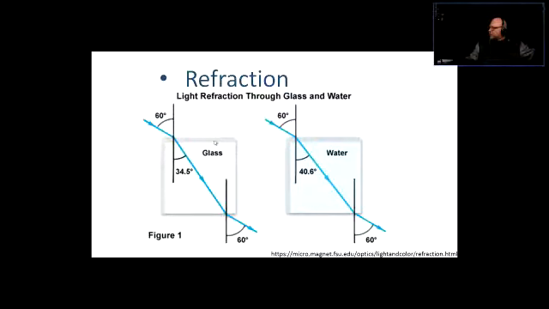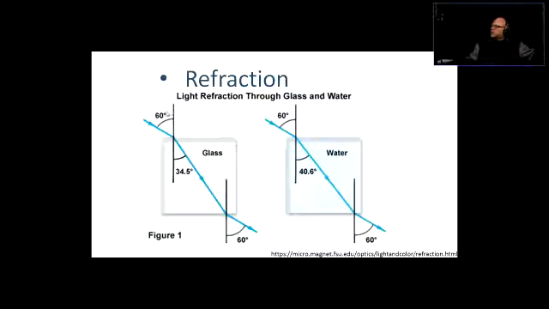So here's the interface. Now this line here that's perpendicular to the interface is called a normal. That's our normal. If the light travels along the normal, it is just going to keep going straight. It's not going to change the angle. It's just going to slow down.